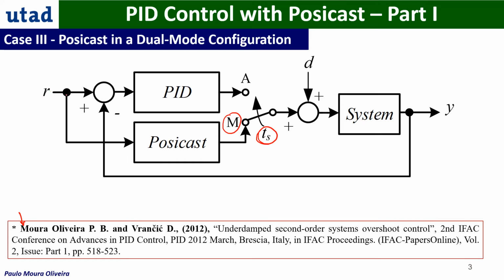So the objective is to use the Posicast to put the control output at the set point value, and then when the system reaches the steady state, we switch to automatic, and then we use the PID control for disturbance rejection.